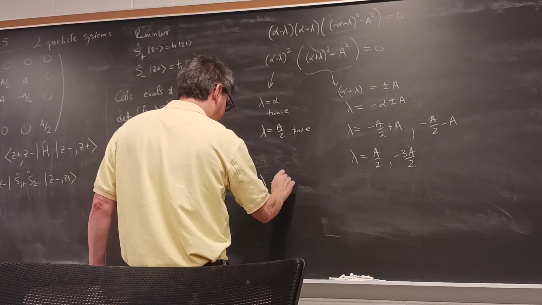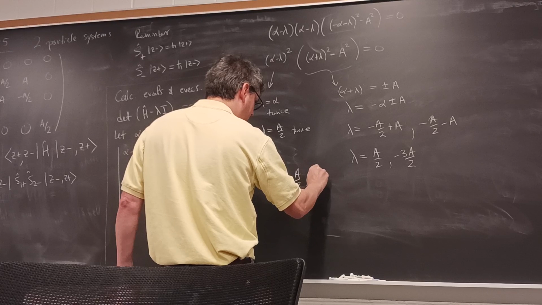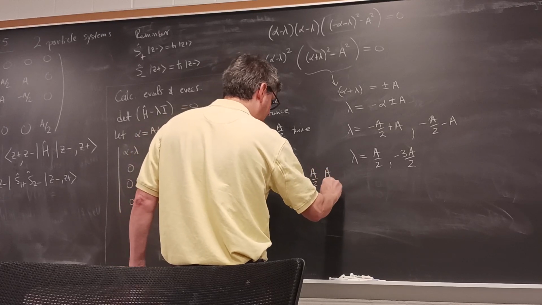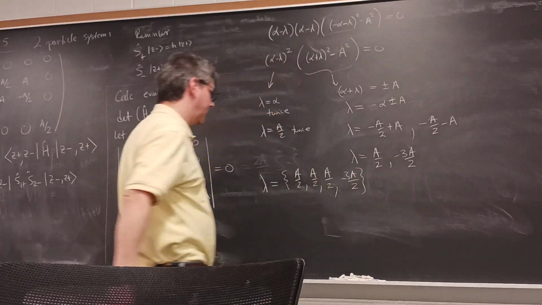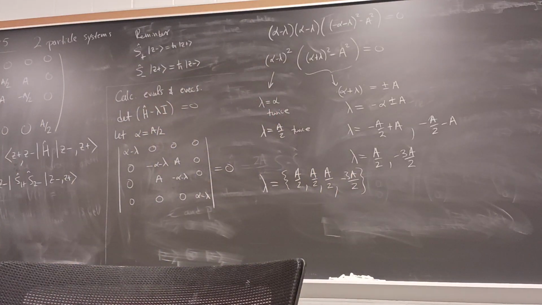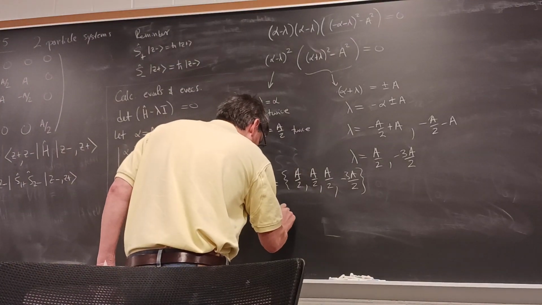So lambda is equal to a over 2, a over 2, a over 2, and minus 3a over 2. Okay, those are our eigenvalues. So we have triple degeneracy here.